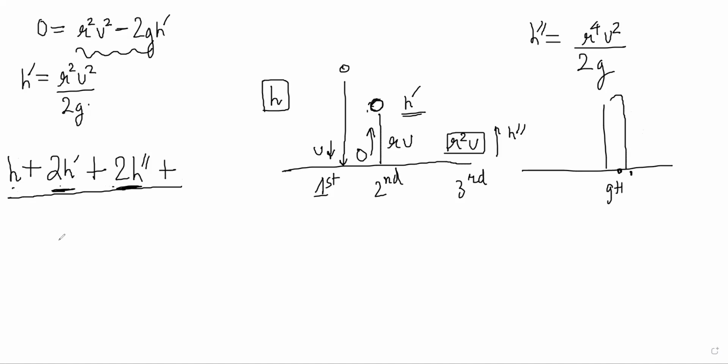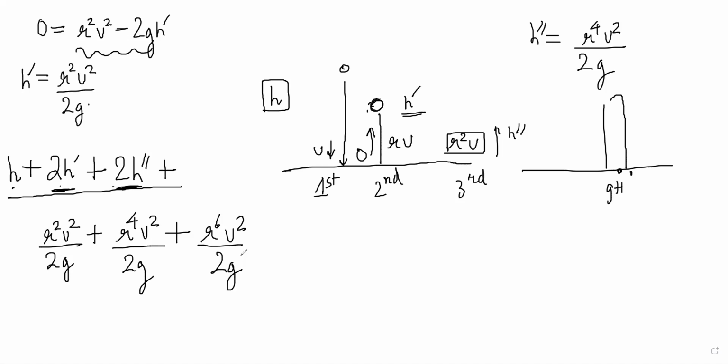So if you write this as R square V square by 2G, next one as R4 V square by 2G, then you can see the pattern. It will be R6 V square by 2G and so on, right? This is second, this is third. Third is this, right? So fourth is R6. So ninth one would be R power 16.